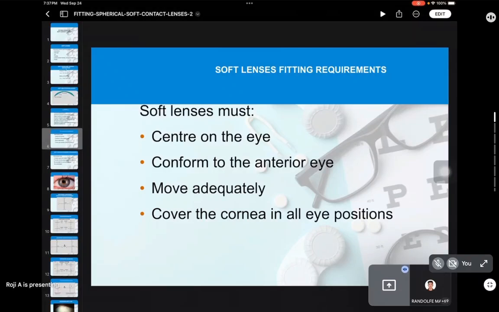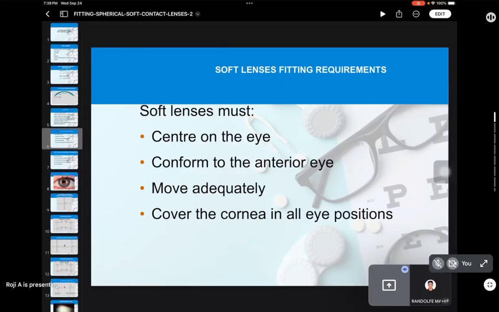Next, it conforms to the anterior part of the eye, which is your cornea. It needs to move adequately. We want it to be moving. Why? For the flushing of debris, tear exchange. We need the contact lens to be moving.